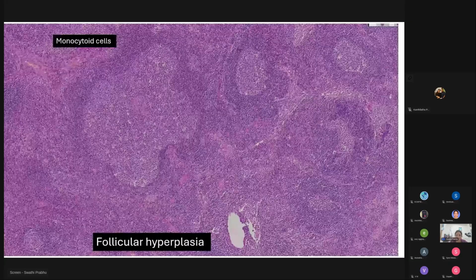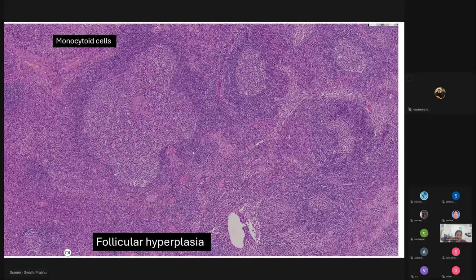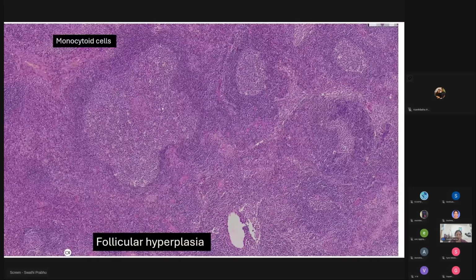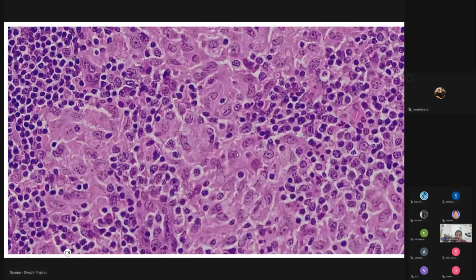One point was missed in the diagnosis which Akshata gave. I agree there were a lot of reactive follicles of varying sizes. There was a sheet of monocytoid cells, and in between the follicles we saw clusters of cells which had a little epithelioid-looking nucleus and abundant cytoplasm, a cluster of 10 to 15 cells, which were microgranulomas. So it was not the sinus; it was in between, in the paracortical area.